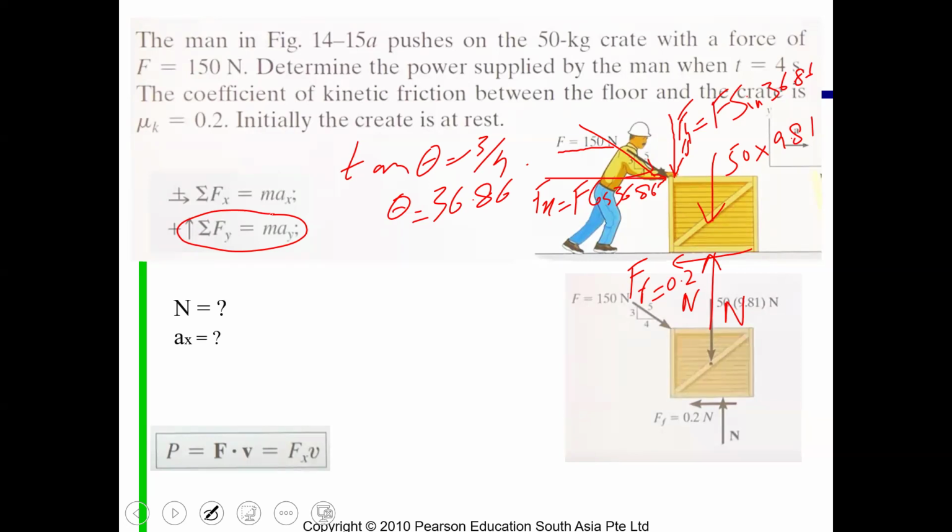F sine 36.86, plus, minus, yes, this is 1/4, and then minus the weight, 50 into 9.81. What is that value? 490, maybe something like that.